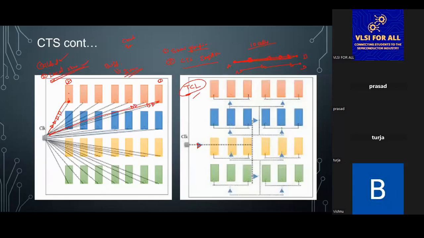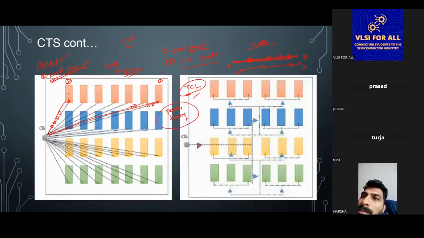Ultimately, we have to take care of the power and timing also, not only that, the major targets. So PPA, skew, latency, but power and timing also will be there. Since it is not a detailed CTS class, I did not tell those.